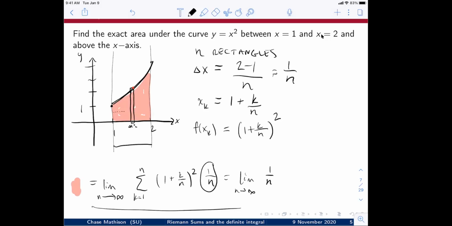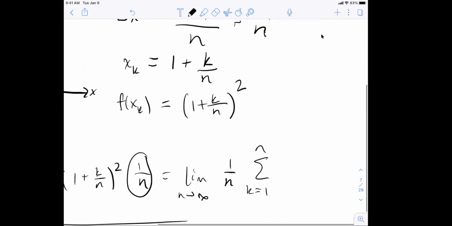You can't pull it out of the limit because the limit is depending on n. So this is 1 over n times the sum, k equals 1 to n. And then I'm going to expand (1 plus k over n) squared. Well, that's going to give me 1 plus 2k over n plus k squared over n squared.